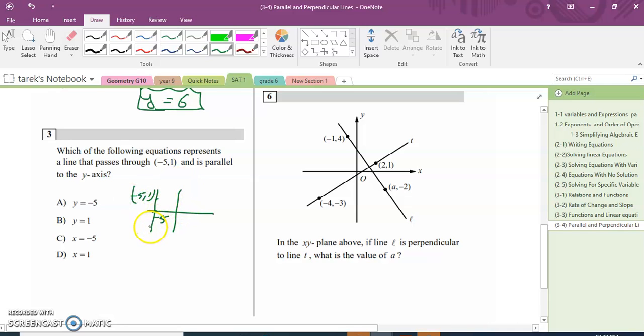Since it is parallel to the y-axis, we look at the point where it cuts the x-axis, and this will be its equation. So it will be x equals negative 5. The equation is x equals negative 5 without using the point-slope formula. So it's easy to write the equations of lines parallel to the x-axis or the y-axis this way.